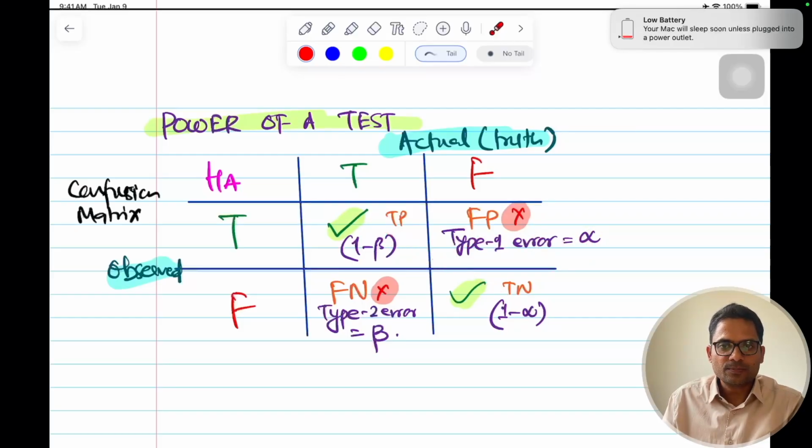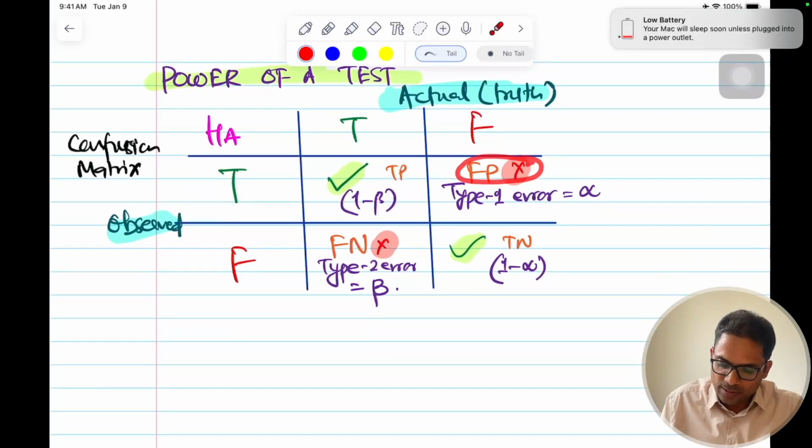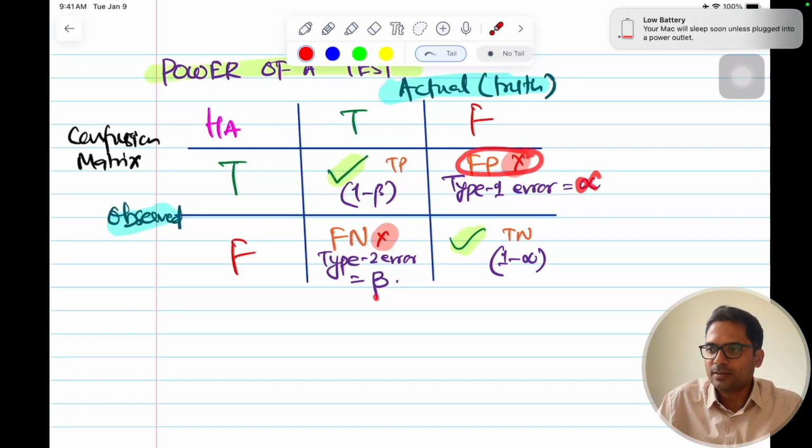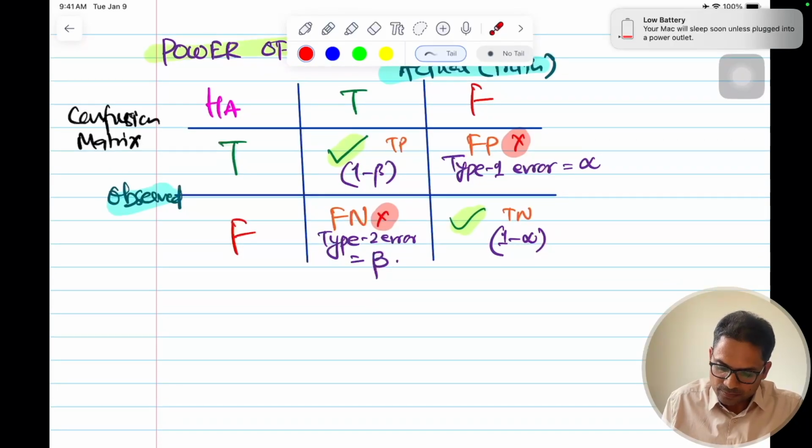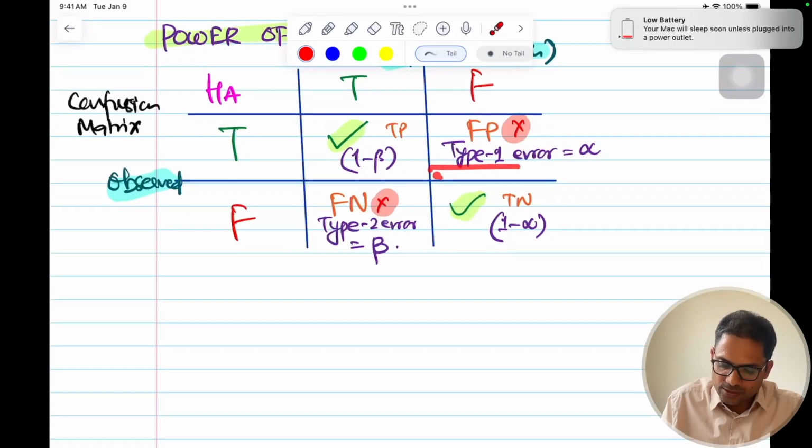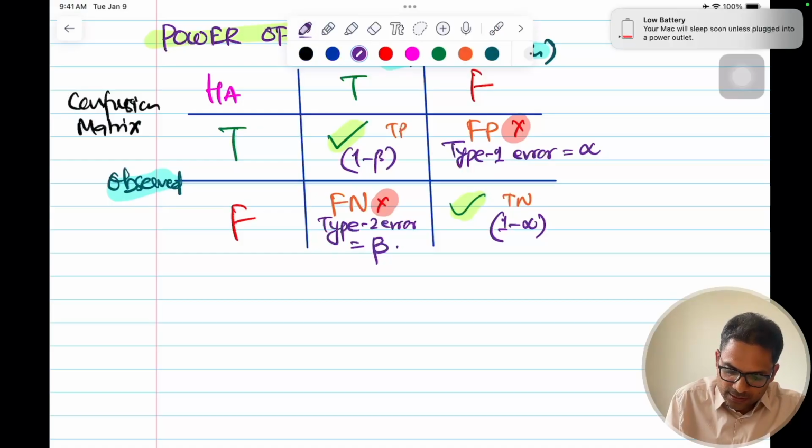Now let's focus on these entries. Quickly. So type 1 error is your alpha, type 2 is beta. So what is the power of test? Power of test is this entry.